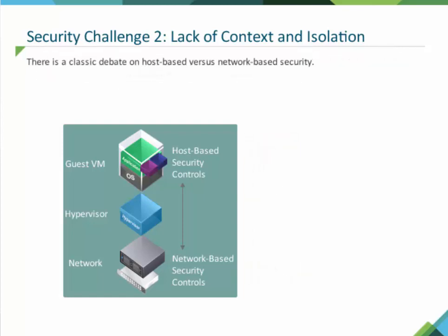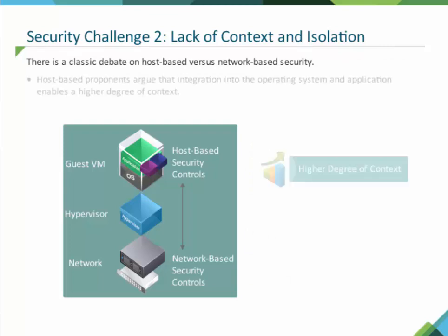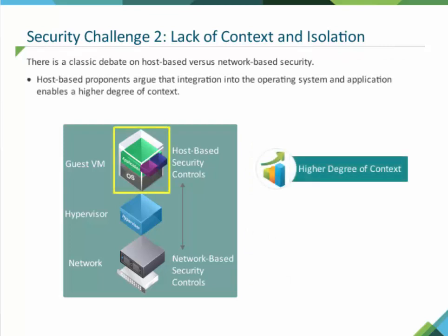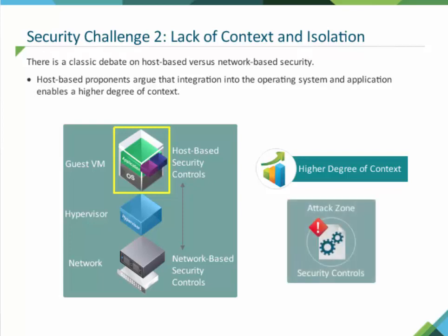There is a classic debate on host-based versus network-based security. Host-based proponents argue that integration into the operating system and application enables a higher degree of context, which is true. It also puts security controls directly into the attack zone. What is the first thing malware does when it lands?